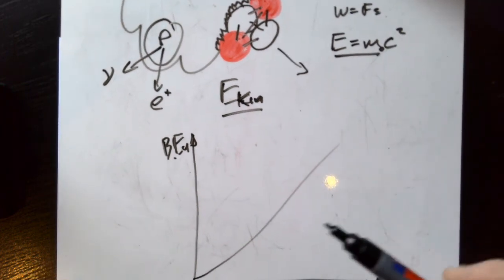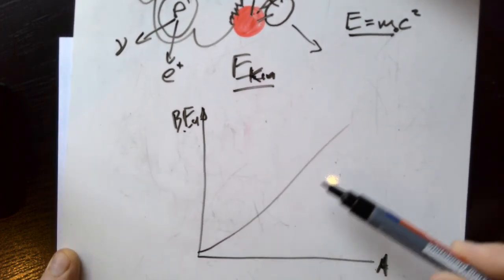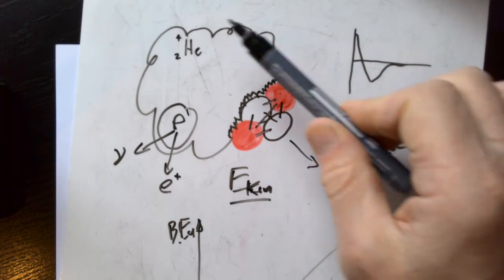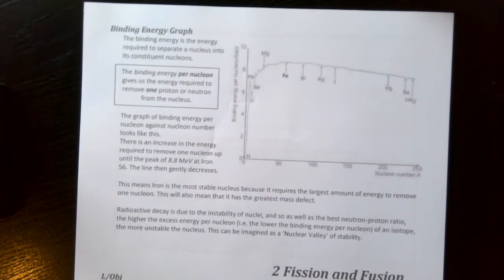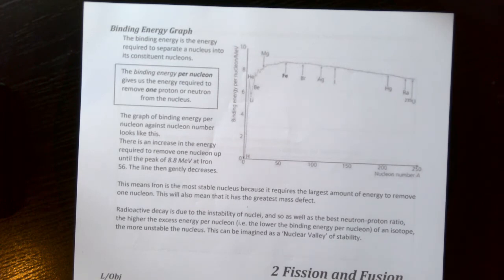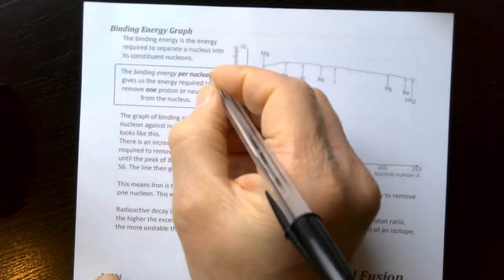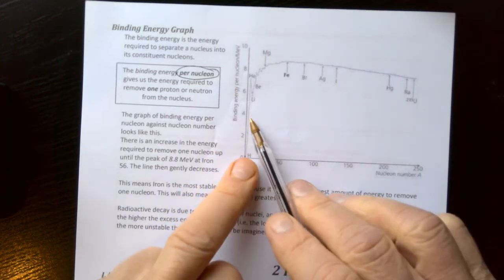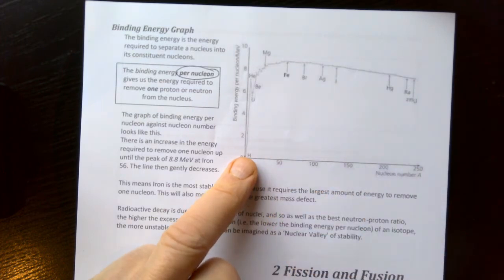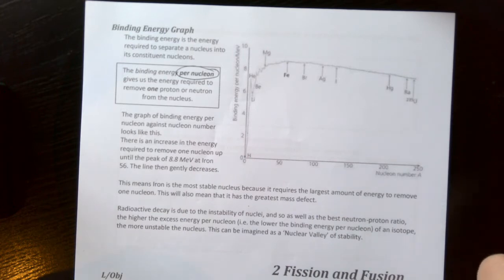However, if we divide this value of energy by how many particles are actually separating, we get a much clearer picture. So please notice, this is the binding energy per nucleon: the energy divided by the number of particles within it. Effectively, this is the energy needed to release one nucleon, for example to pull a neutron out.